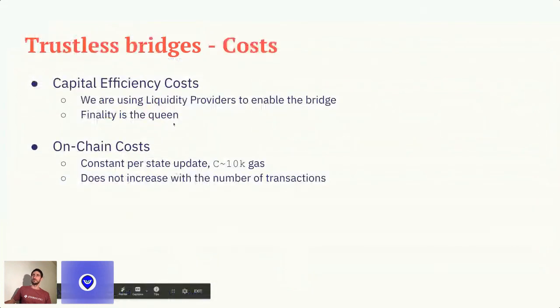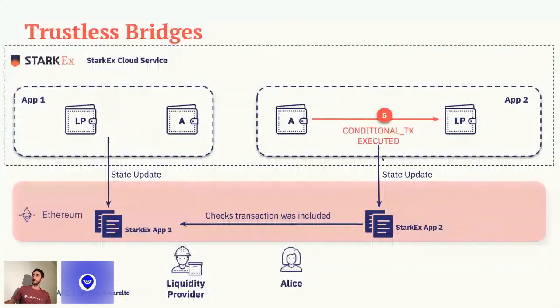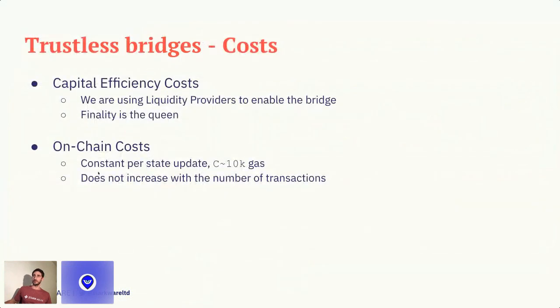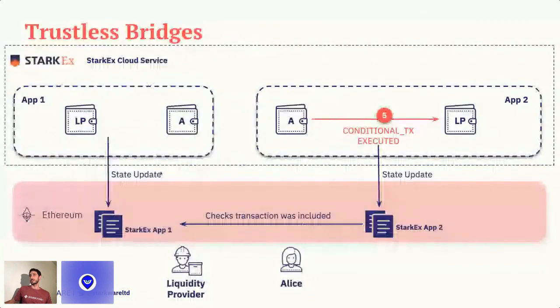Now, the other cost that we have here is the on-chain cost, right? If you remember, the state update of application 2 involved somehow validating on-chain that the transaction was included. Now, you may think that this is a big overhead, but actually it is quite a small overhead because, I'm not getting into the details, we will publish it soon, but most of the validation is done off-chain and is done by the proof.